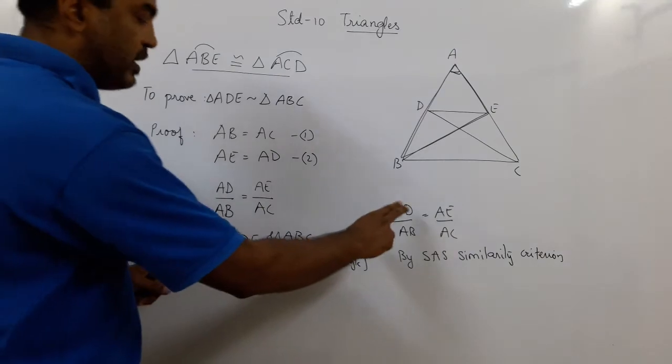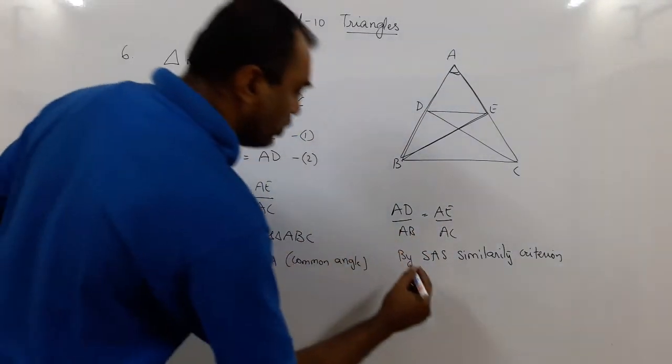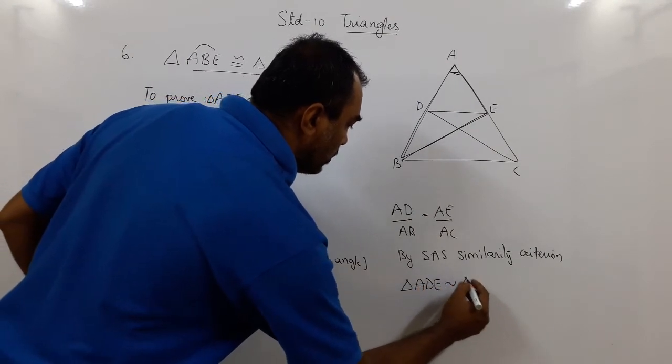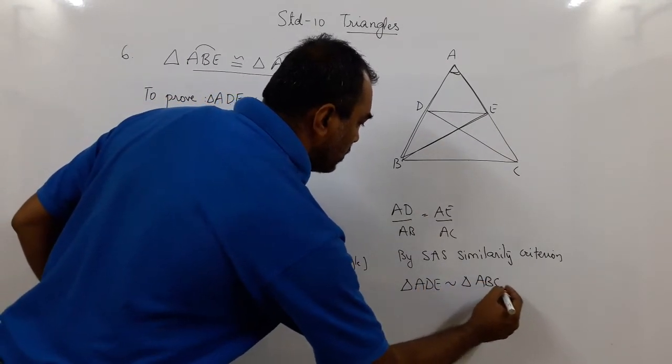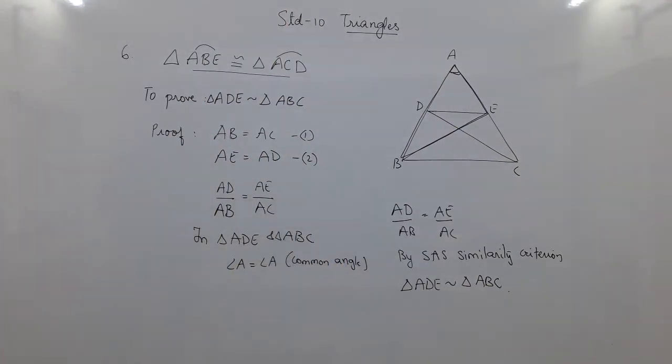So the ratio of two sides is equal and the included angle is equal. So by that we have triangle ADE is similar to triangle ABC. Hence proved.